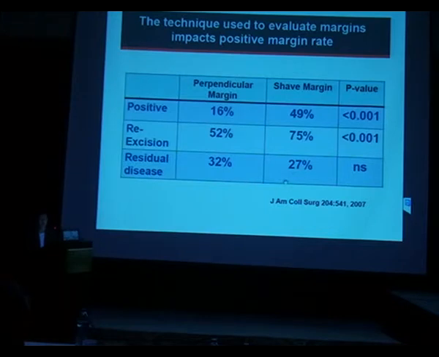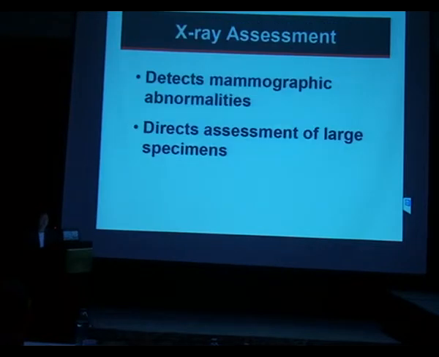So either shave or perpendicular margin can be used, and again, we make a decision based on individual specimens. So just like how you approach the patient clinically, we try to approach each specimen individually, and we use our medical judgment.